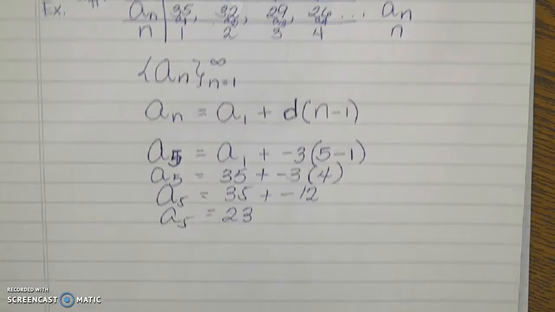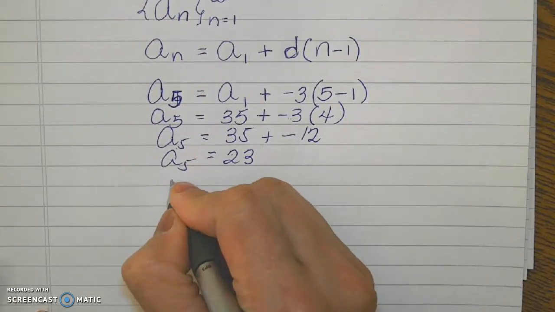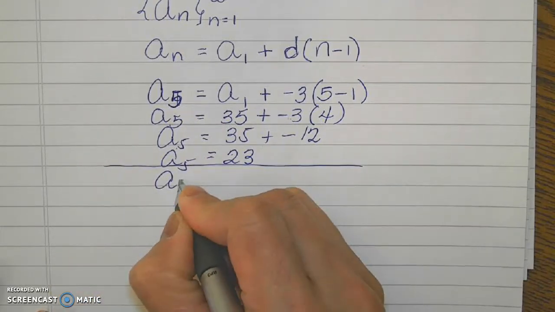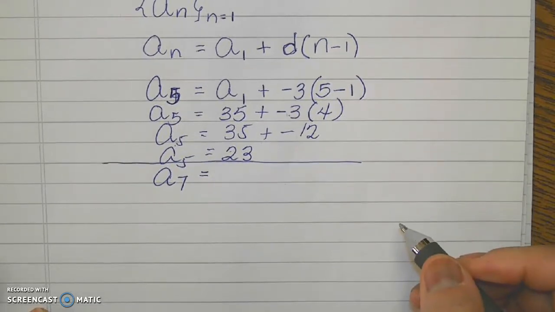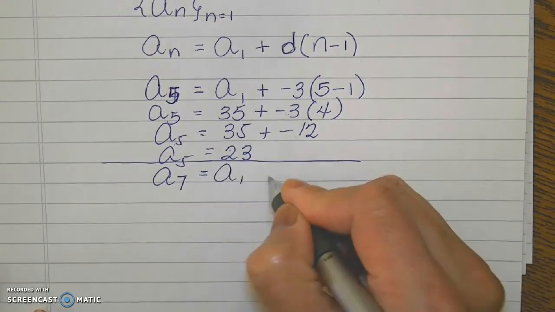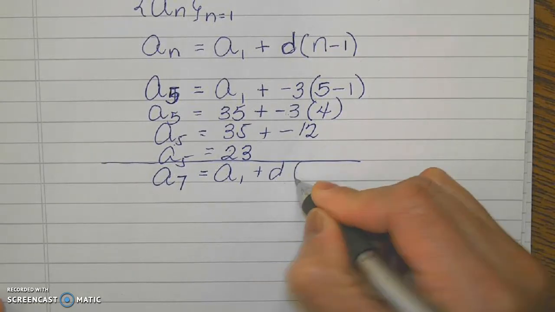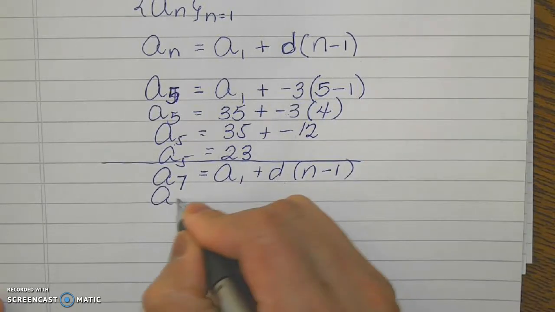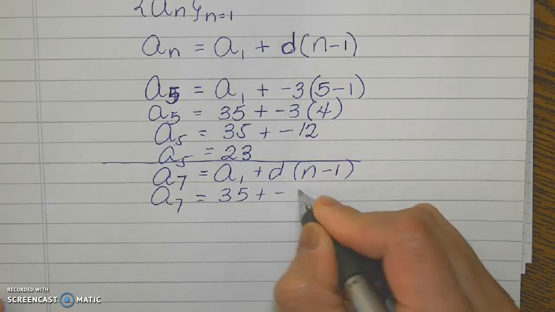Let's have another example. What if I'm looking for A sub 7? A sub 7 should be needing A sub 1 still, plus D times N minus 1. So let's rewrite. A sub 7 should be equal to 35 plus negative 3.